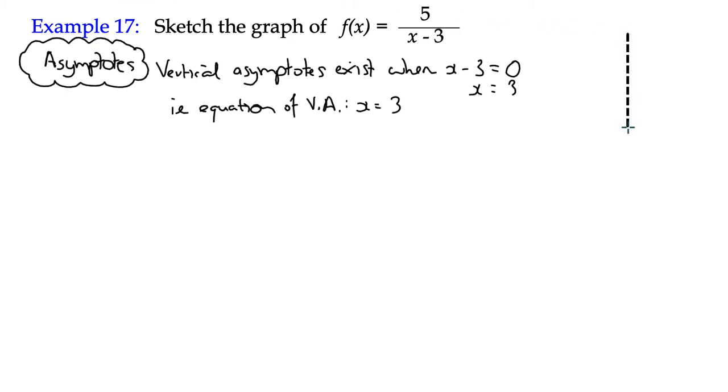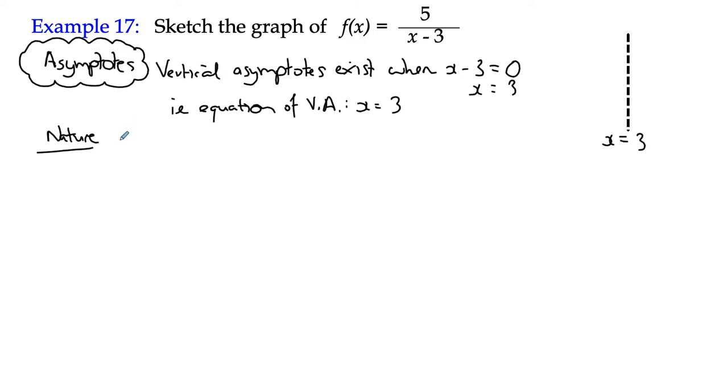I'm going to put them down at the side. This is my vertical asymptote, and I'm going to call that x equals 3. And I want to investigate the nature of it on either side of that. Is it approaching at the left-hand side? Does it go down to negative or up to positive infinity, and so on? So we can check the nature of it.